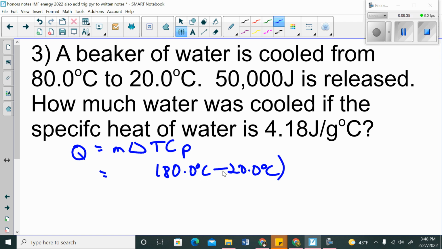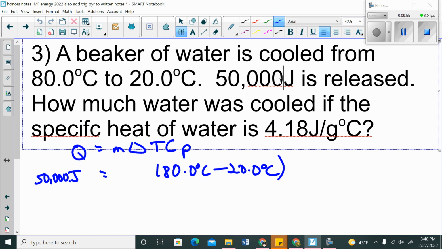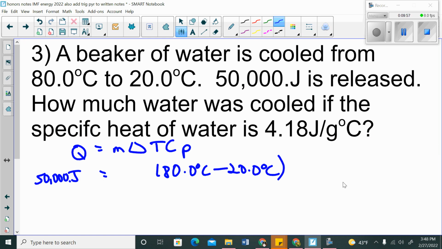It is cooled, right? I'm actually going to put a decimal there. Let's make the sig figs a little bit easier. How much water was cooled? So that's our unknown, the mass.